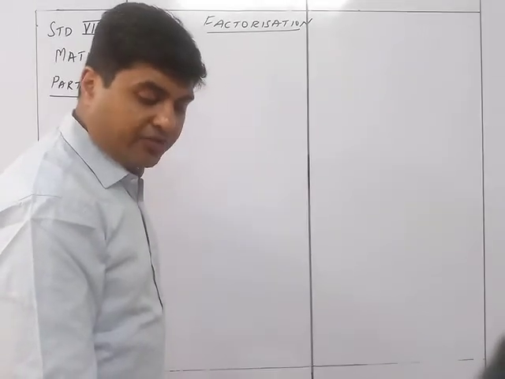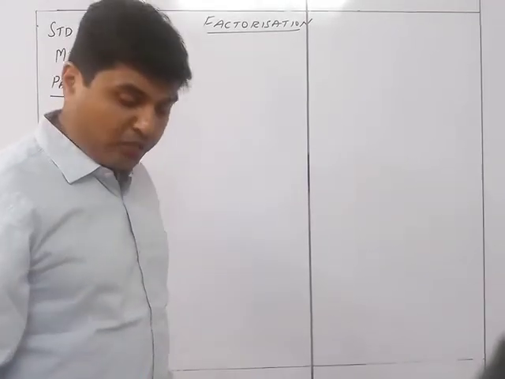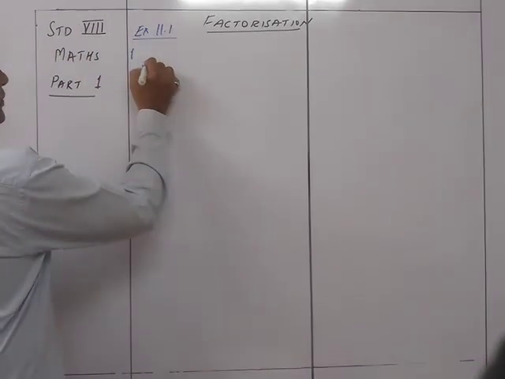So I'll do all the first sums. The second sums will be your homework in this case because it needs a lot of practice. That's why we are doing the alternate sums like this.